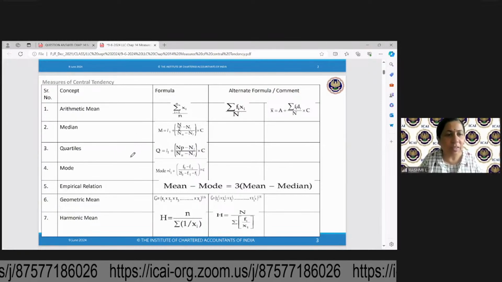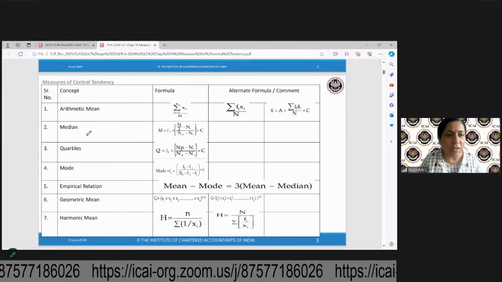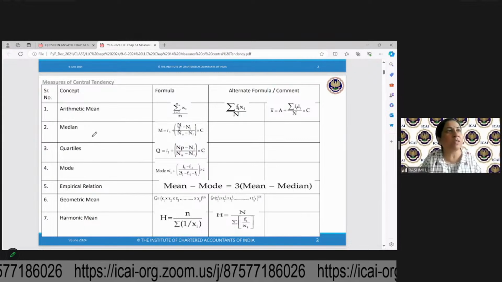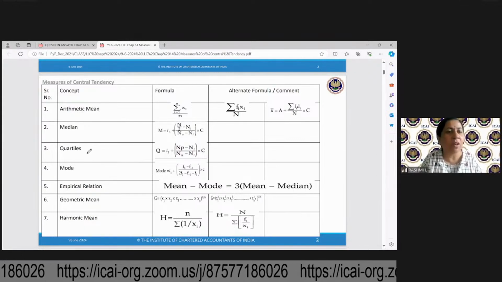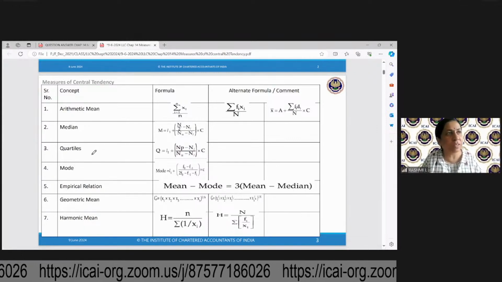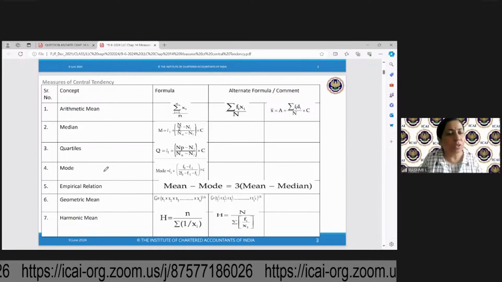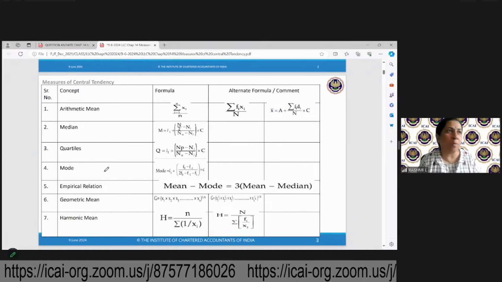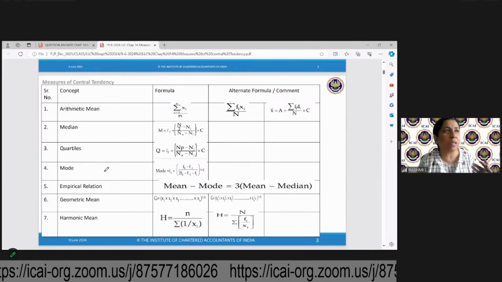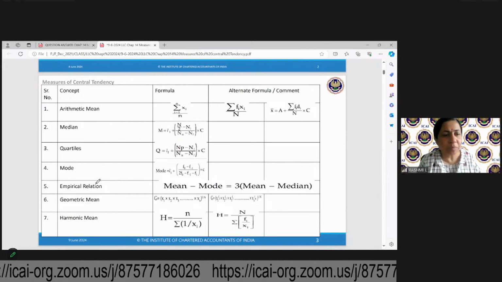Then median, then quartiles. So what does median do? Median divides the data into half. What does the quartile do? It divides it into four parts. What is mode? Mode is the number or the data which is repeated the most times.